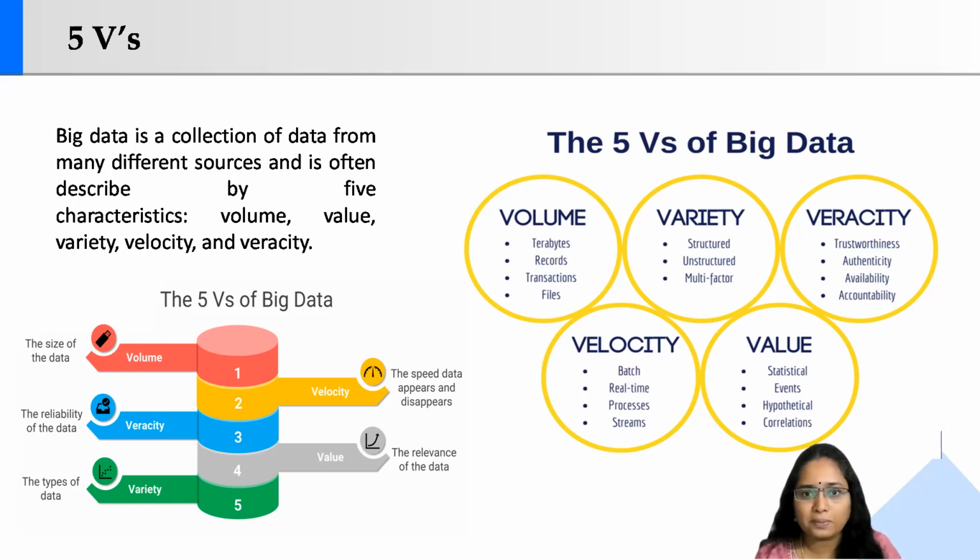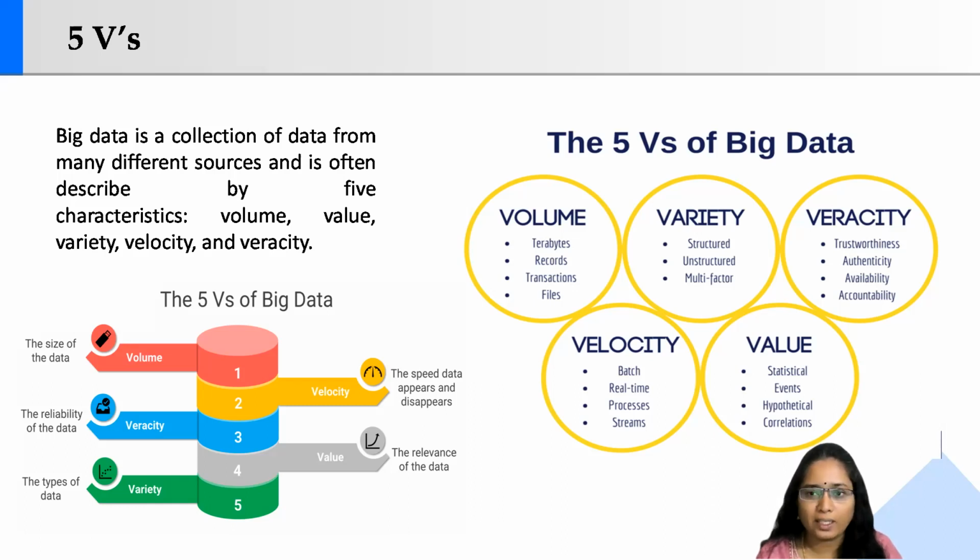A little bit of description: volume covers the records, transactions and files, that is, the size of the data. Examples are terabytes of storage, that is TB. Variety is talking about different varieties of data: structured, unstructured, multi-factor.